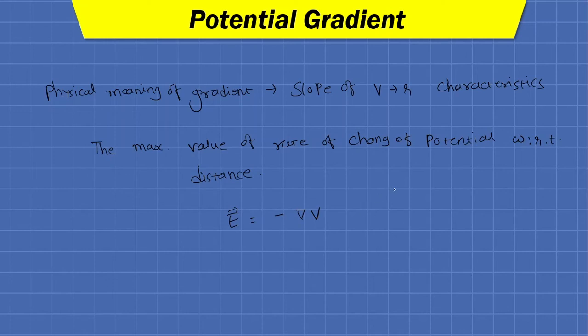Fine. Now if we want to calculate the gradient, then how can we calculate? See, it is so simple to derive. If we have dV equals negative of E bar dot dl bar, then E bar for any general case can be represented as Ex ax bar plus Ey ay bar plus Ez az bar.